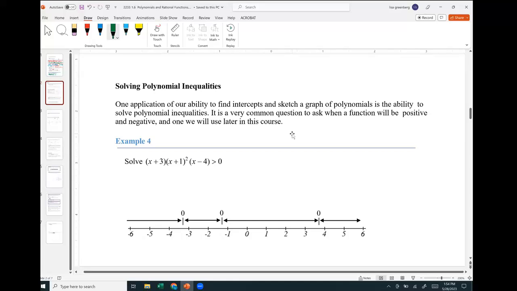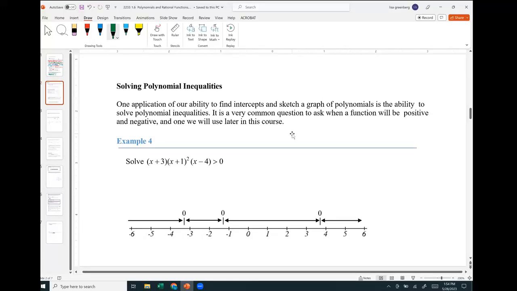So I'm going to use a number line, okay? So here we have this inequality. And the first thing I really want to do is set it up as an equality, because what I want to do is find what my zeros are. So let's just say it equals 0.